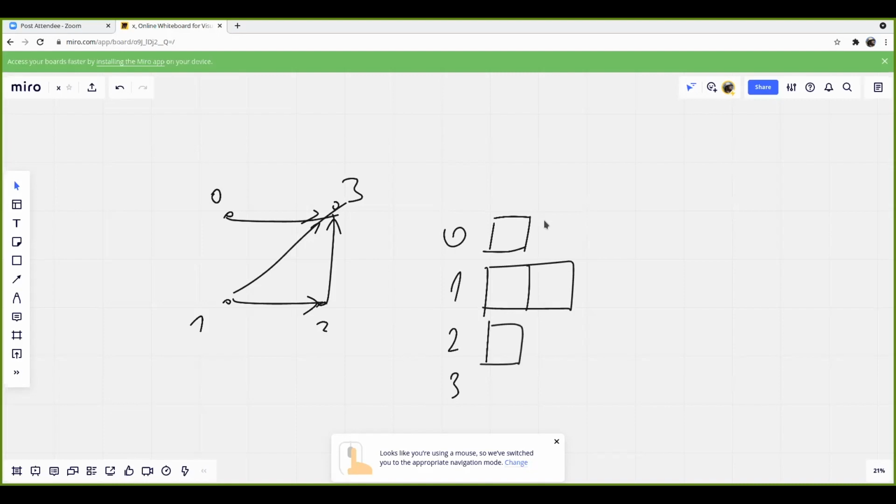So what we would have in our case is we would have information stored like this. So for vertex 0, there is only one outgoing edge, and the edge is pointing to vertex 3. So for vertex 1, there are two different outgoing edges. One of them leads to vertex 3, the other one leads to vertex 2.